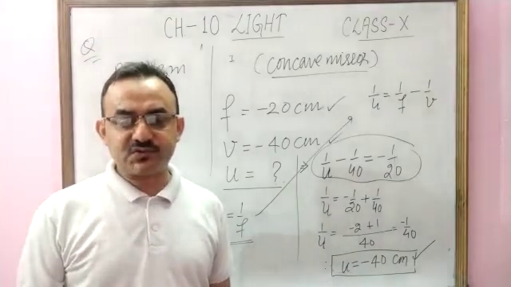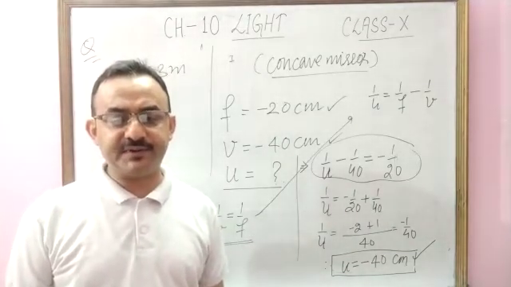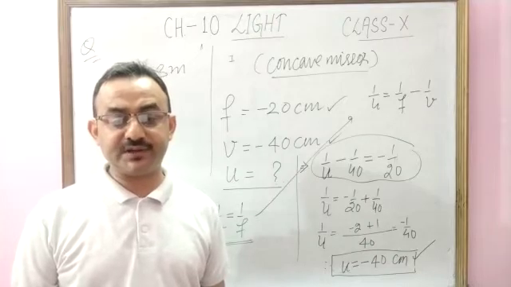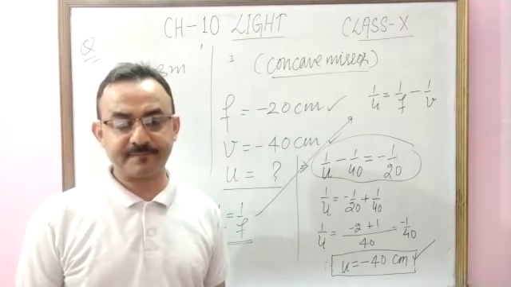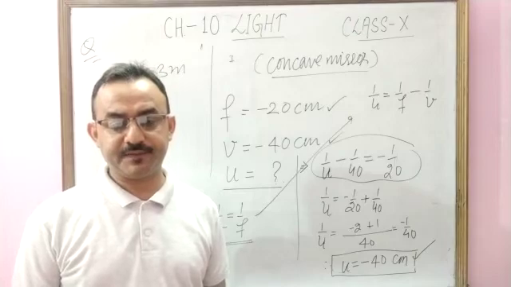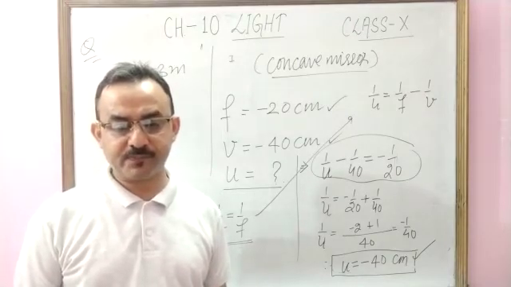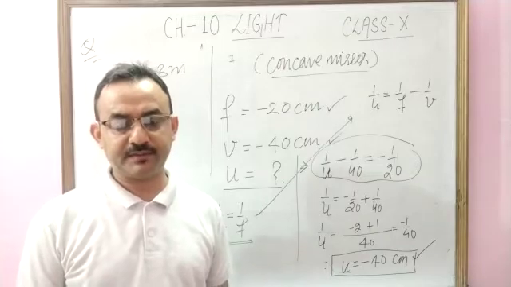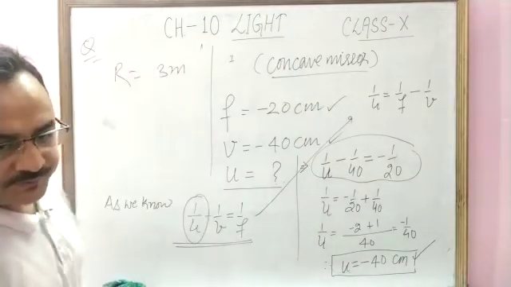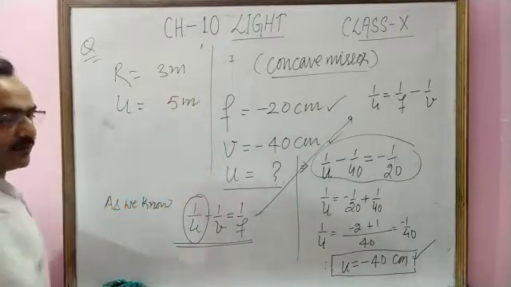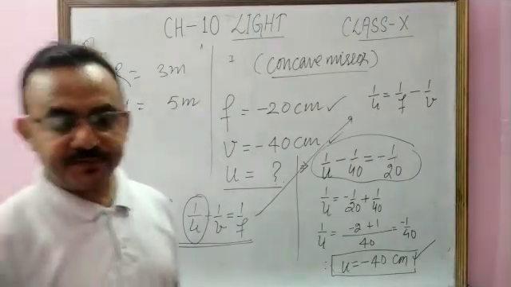If a truck is located 5 meter from this mirror, means U is equal to 5 meter.